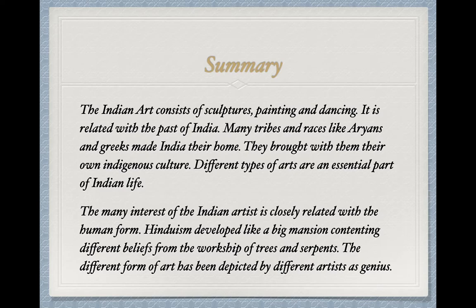So, what did the artists aim at achieving in ancient India? They aimed at achieving real human form in their works of art. How are the figures of men and women depicted in Indian art? They are depicted from different points of view.